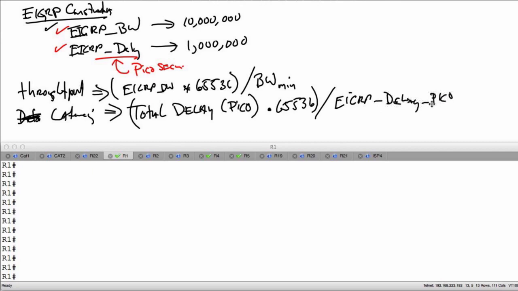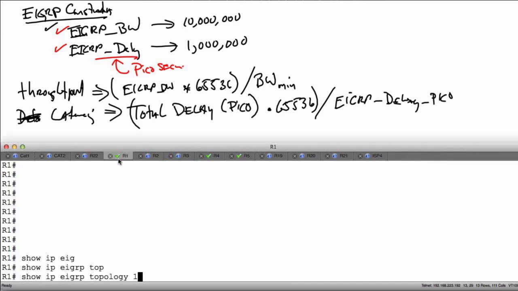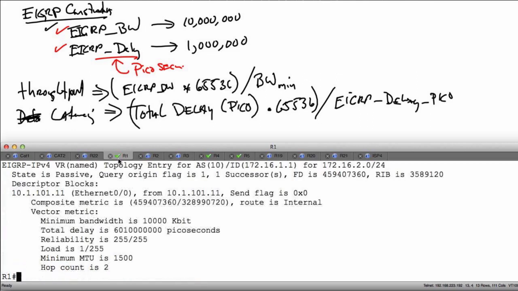So when we start looking at this, let's find out how we actually compute the metric for a route in our topology. Let's pick one. Show IP EIGRP topology 172.16.2.0/24. And let's do some working values. I'll do my working values in blue.